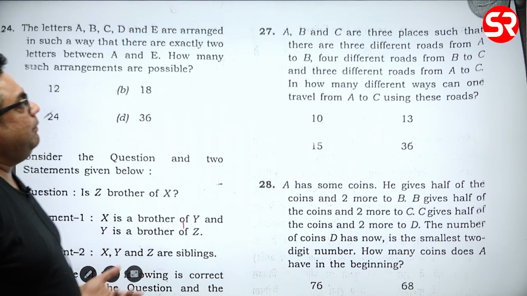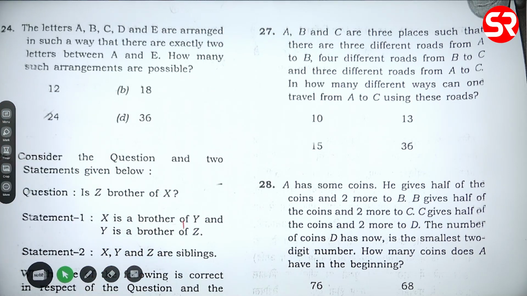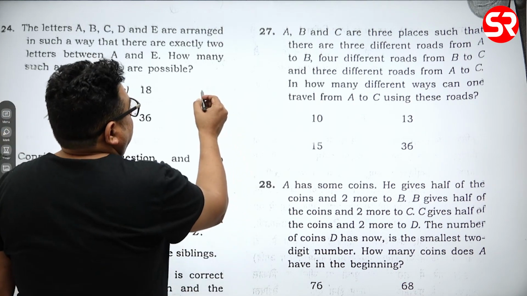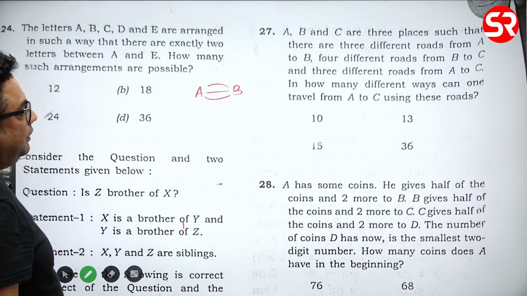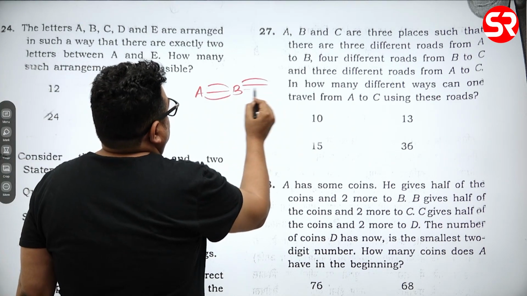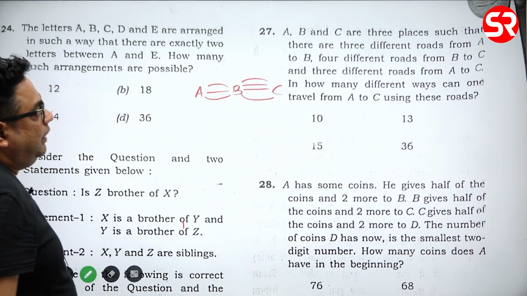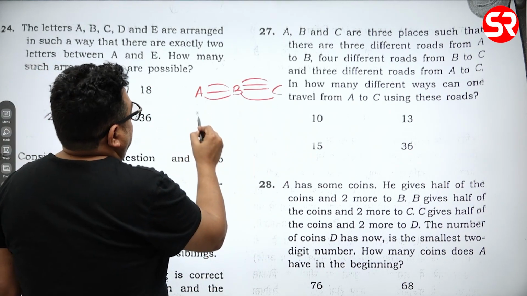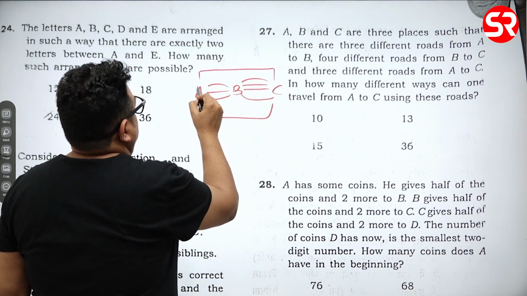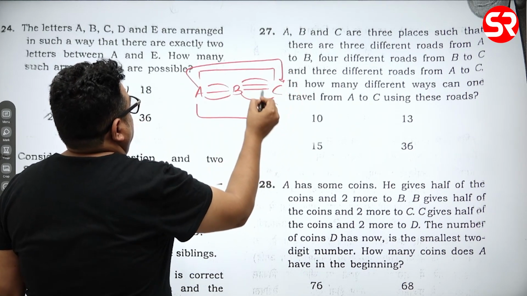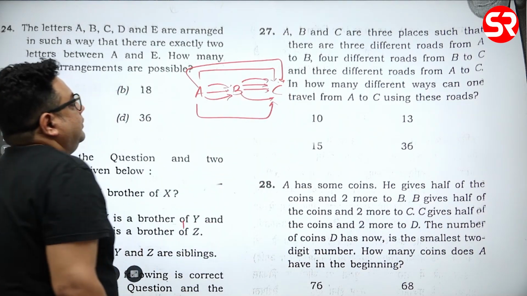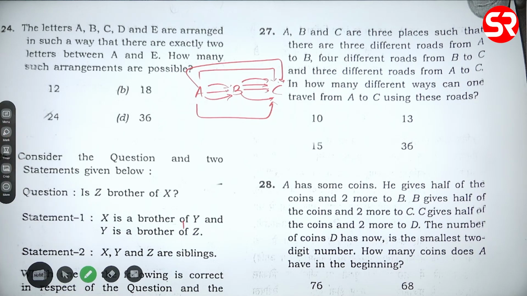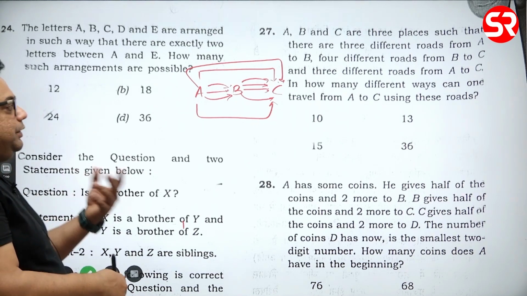Now let's see. He says A, B, C are 3 places such that there are 3 different roads from A to B, and 4 different roads from B to C. And there are 3 different roads from A to C. How many different ways can one travel from A to C?